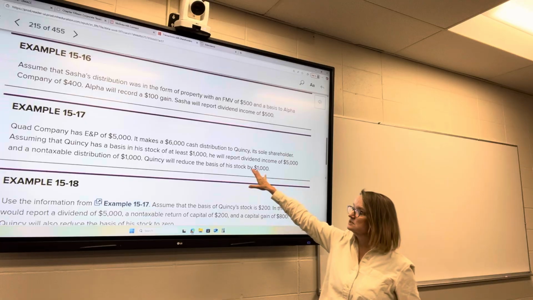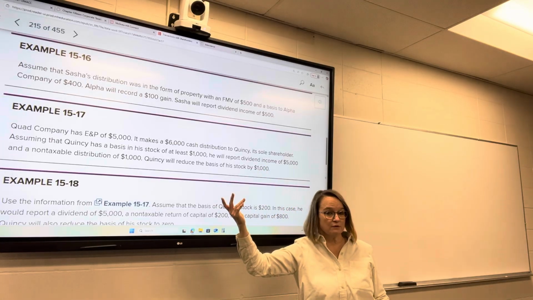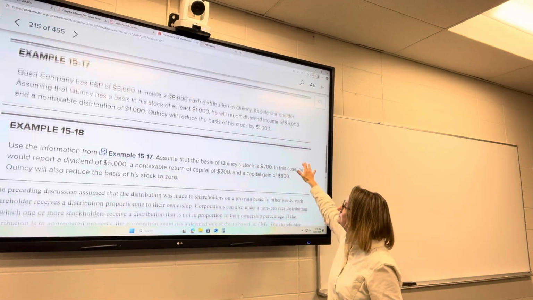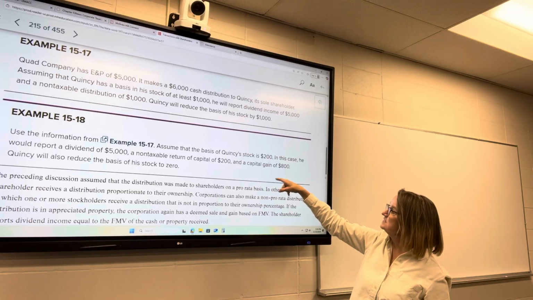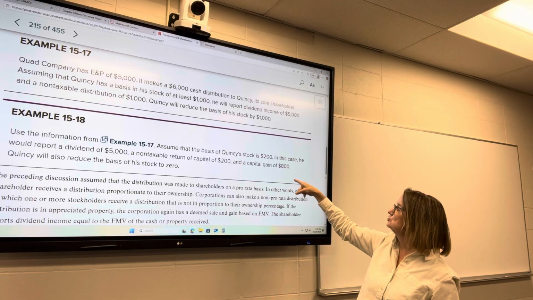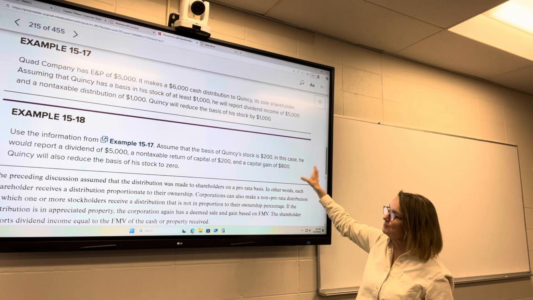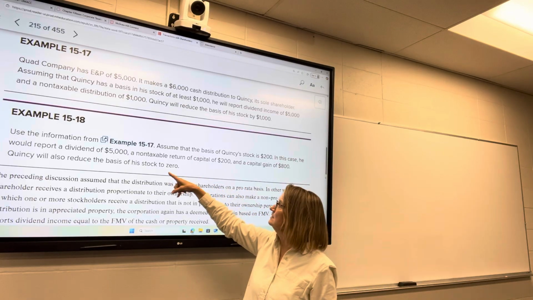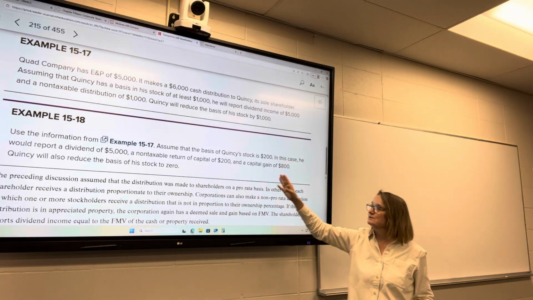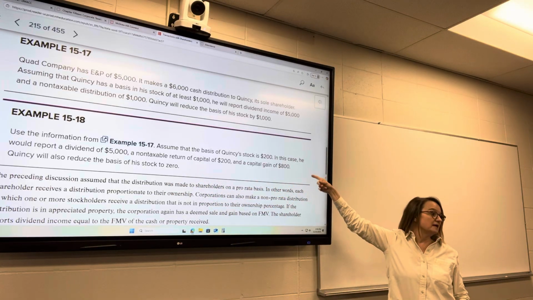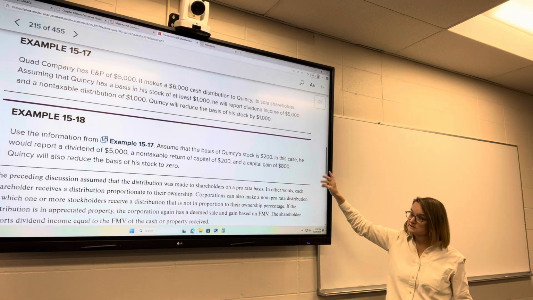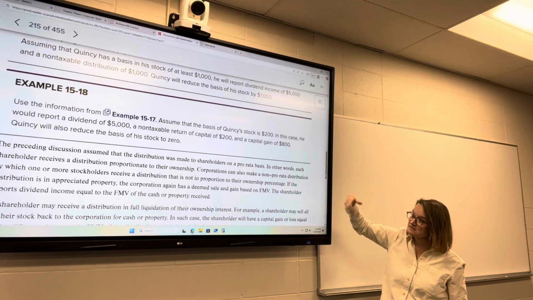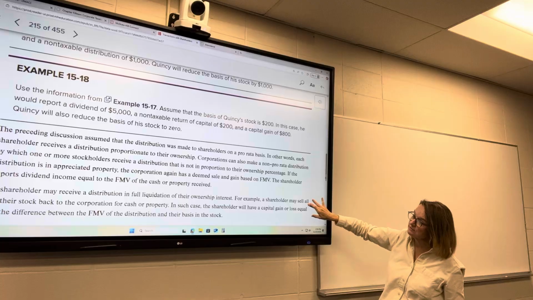He's going to reduce his basis in the stock by that $1,000. Let's say the basis in Quincy's stock is $200. He's going to report a dividend of $5,000, a non-taxable return of capital of $200, and a capital gain of $800 in this scenario. His basis in the stock is then reduced to zero.